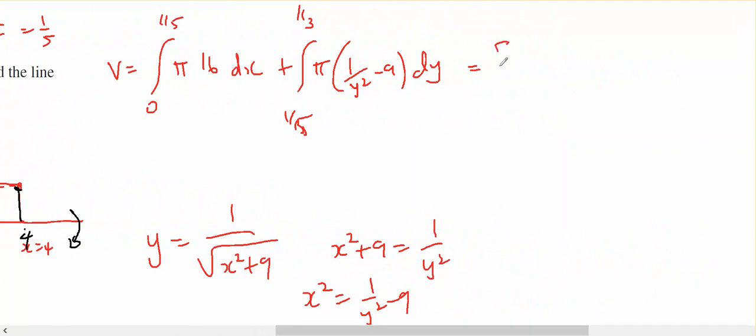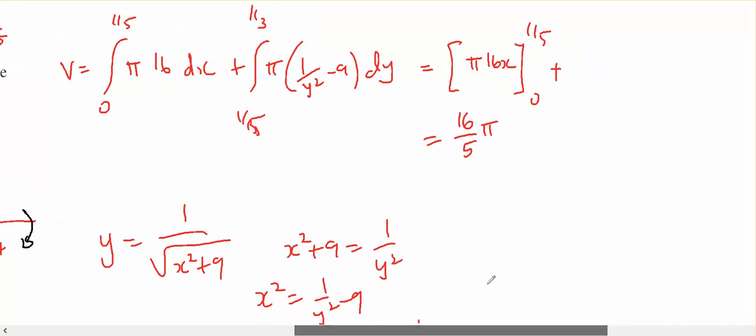So that will equal pi 16x from 0 to 1/5, which is 16 on 5 pi plus pi, so I've got y to the -2, integral should give you y to the -1 on -1.